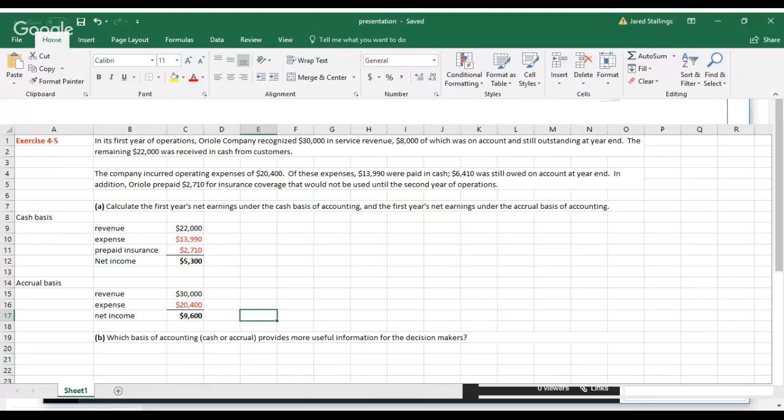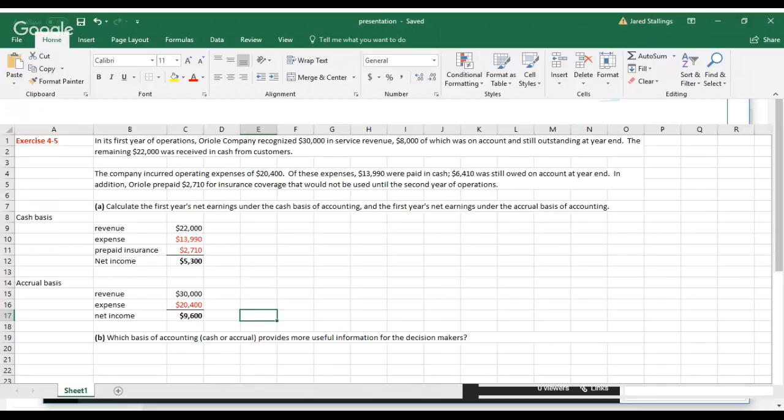We're not getting any services provided until the next year. So really it doesn't count in accrual basis at all because there are no services provided for that $2,710. It doesn't count at all, which is interesting to me. I got it right the first time, but I still felt like it should maybe be wrong because that cash has to go somewhere.